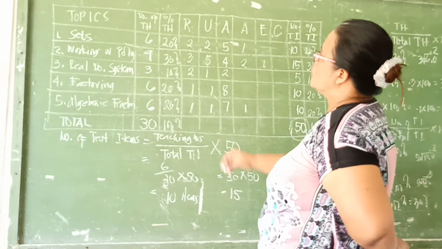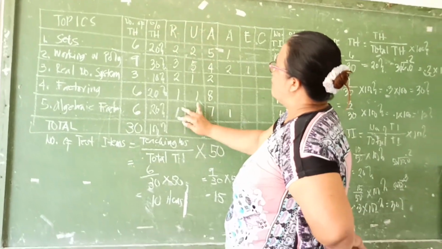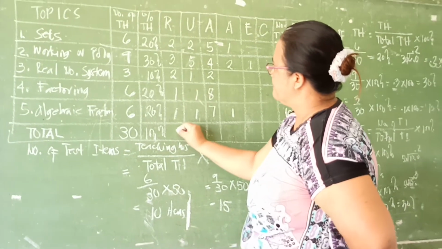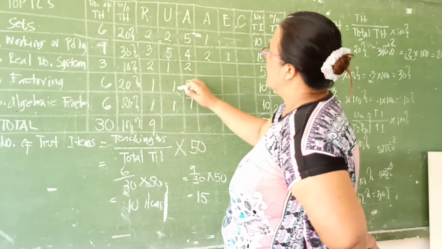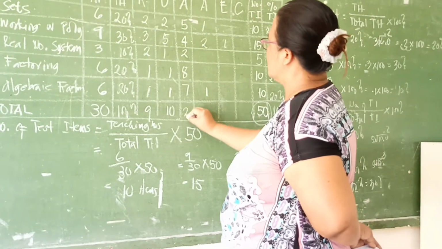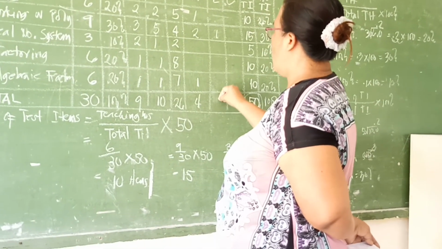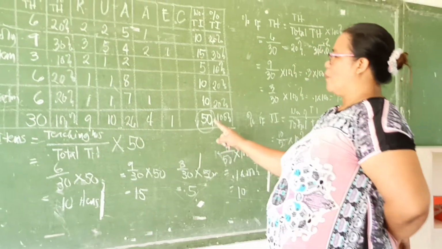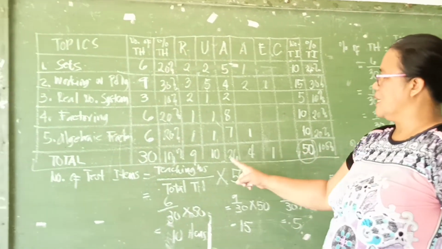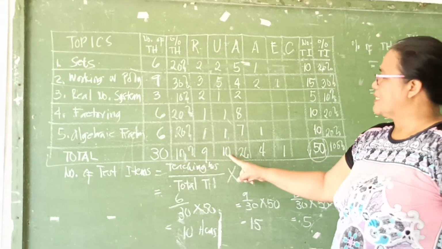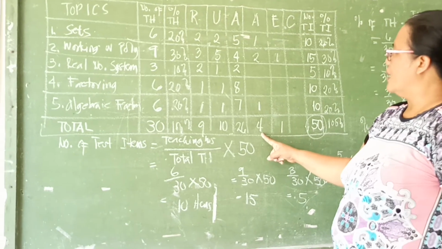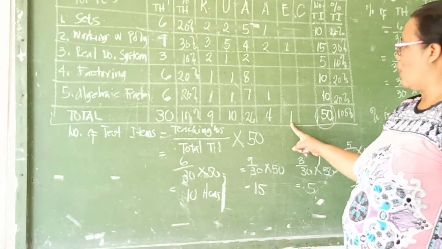After that, you try to add each of the levels. So 2 plus 3, 7, 8, 9. Then 8, 9, 10. 11, 19, 26, 4, 1. And then you sum up horizontally, if it is equal to 50 items. So 9 for remembering, 10 for understanding, 26 for applying, 4 for analyzing, and 1 for evaluating.